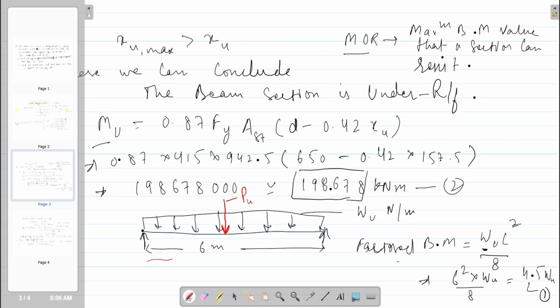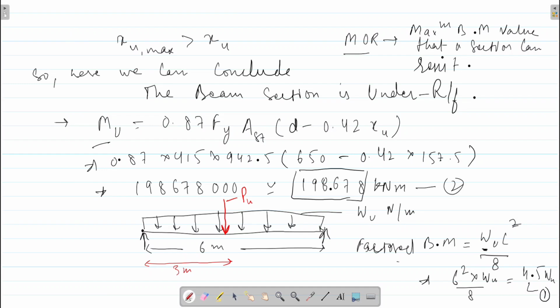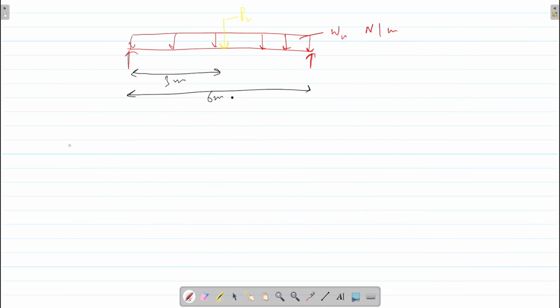The question is asking to place a point load of PU at the center of the beam. The length of the whole beam is 6 meter.